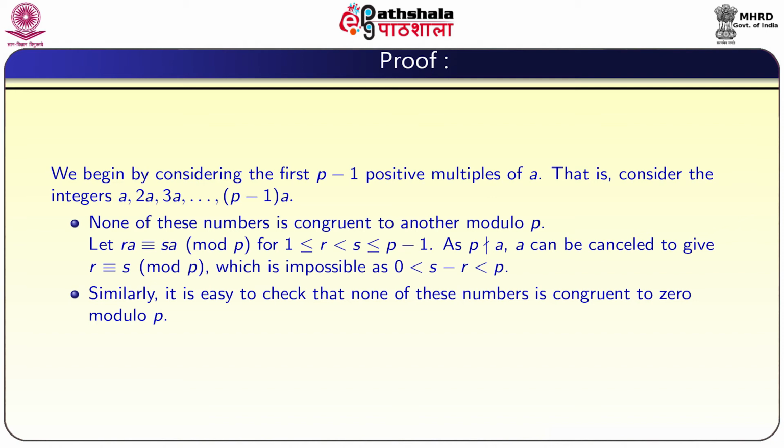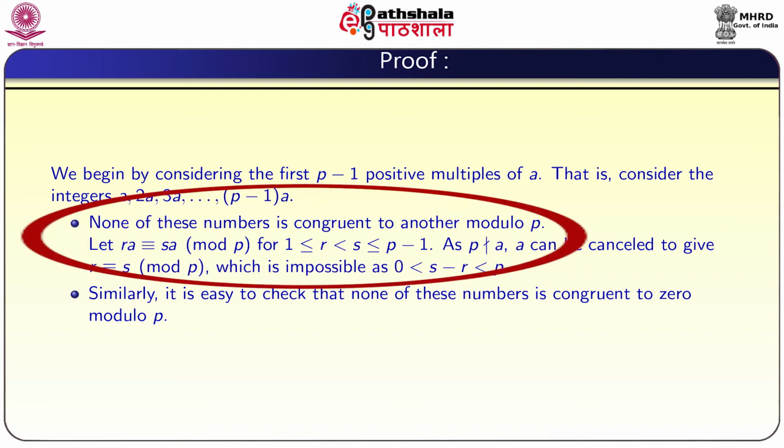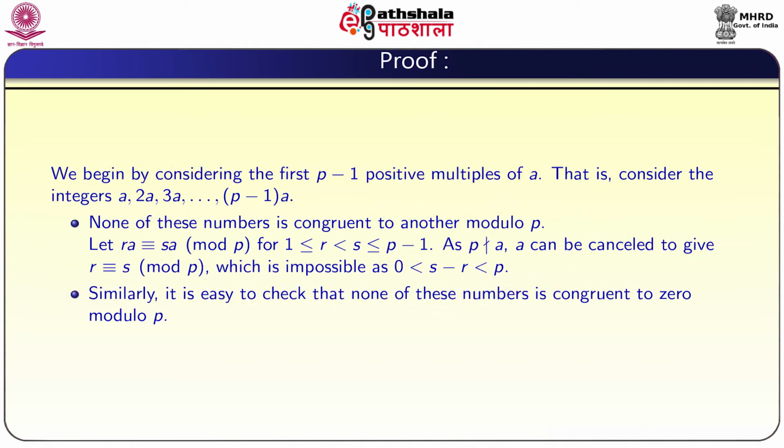Now, note that none of these numbers is congruent to another modulo p, and we will prove that part. That is, if r a is congruent to s a mod p, where 1 is less than or equal to r, less than s, less than or equal to p minus 1, as p does not divide a it can be cancelled to give r is congruent to s mod p.